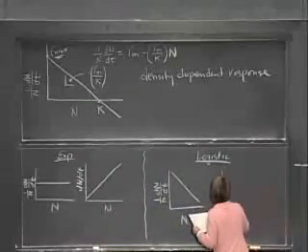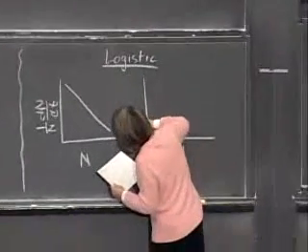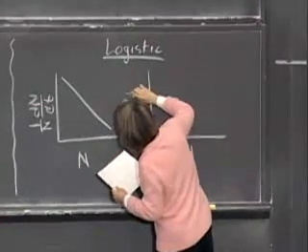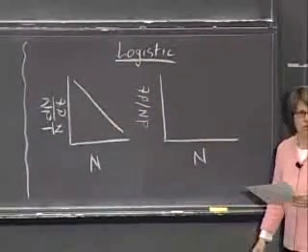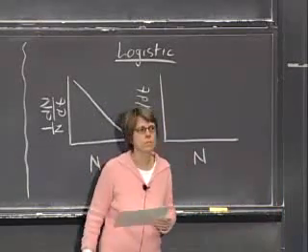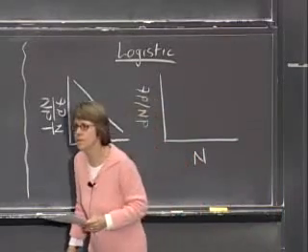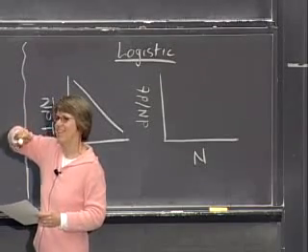But here's one that I want you to think about. What does dn dt look like as a function of n if something's growing according to the logistic equation? Like this? Yeah, there you go.